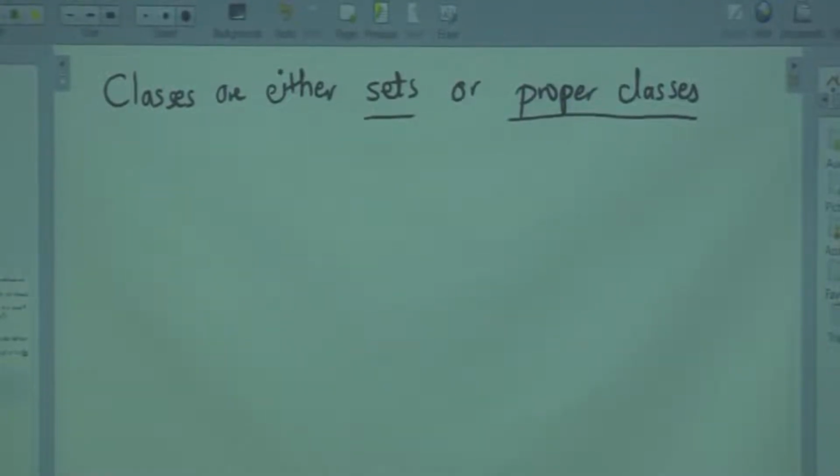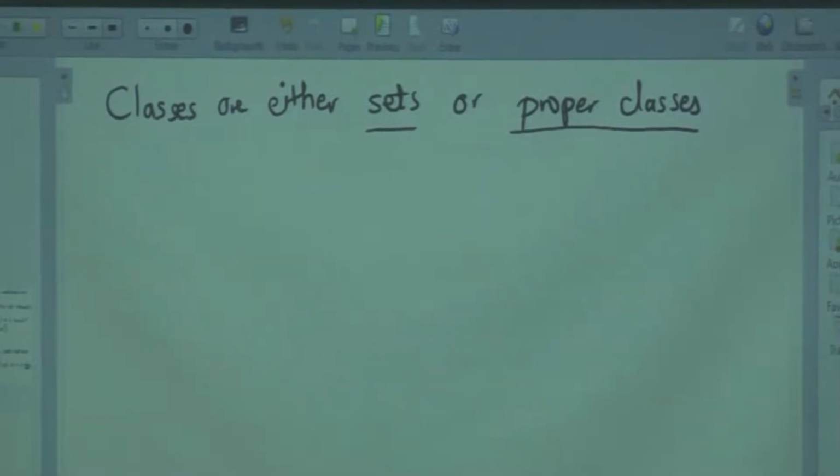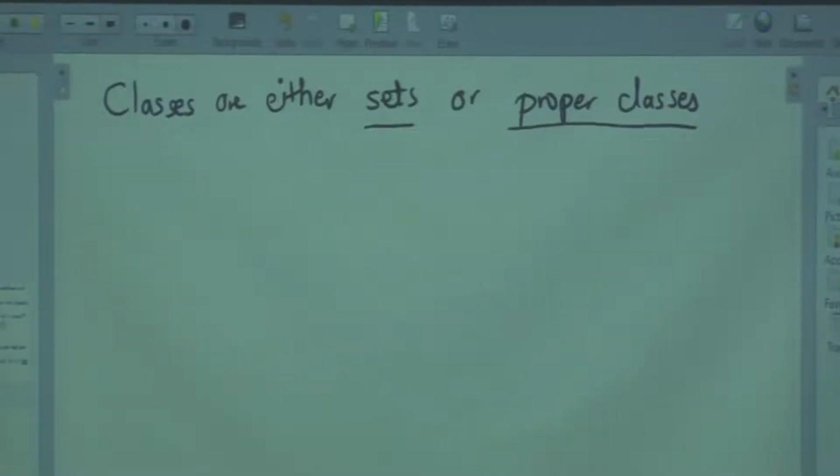So given any set, any single set, you can always construct the singleton set, correct? There is something called the axiom of pairing.